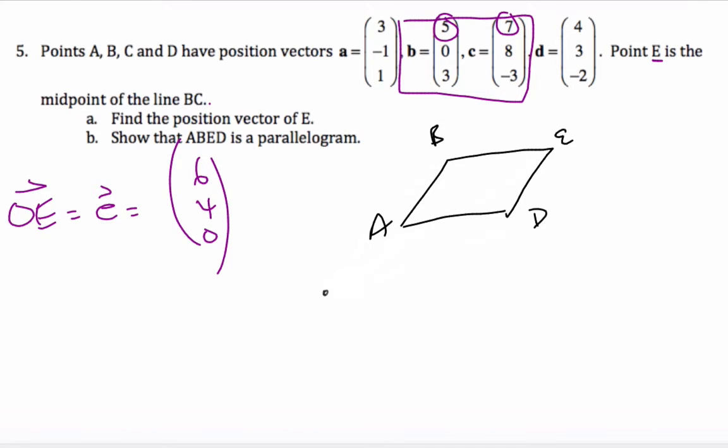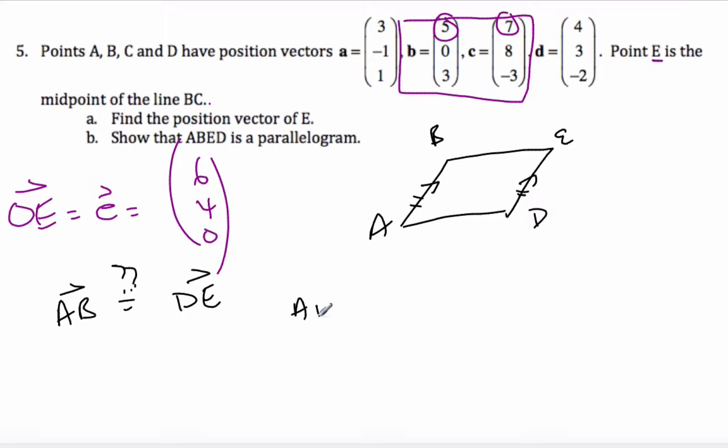In order to show it's a parallelogram, if I can show that two of the sides are congruent vectors, then it's a parallelogram, because it's parallel and has the same magnitude. So I want to find vector AB and vector DE, and if they are equal, then it's a parallelogram.